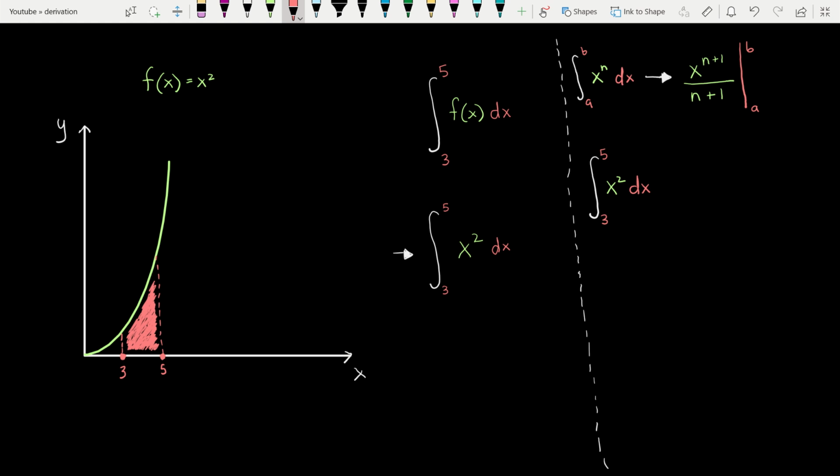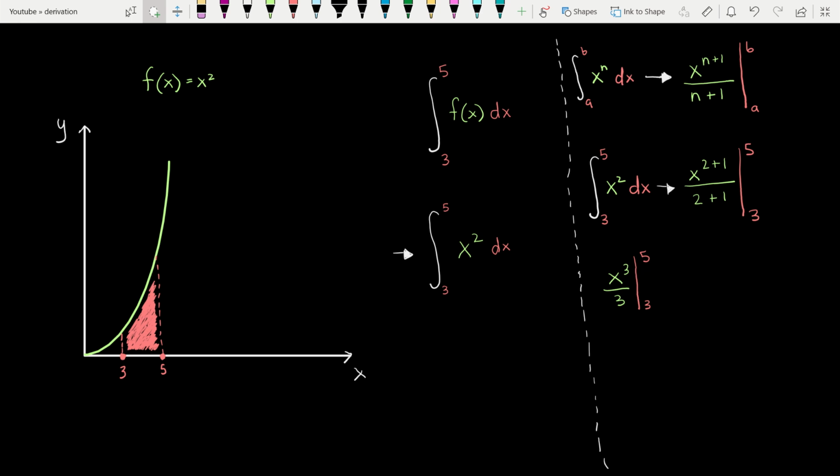We have x raised to the power 2, so we're going to add 1 to that power, and then divide the entire thing by the power plus 1. And of course, don't forget to add your limits. We can simplify this, and it's going to look something like this. Now all you've got to do is apply your limits.